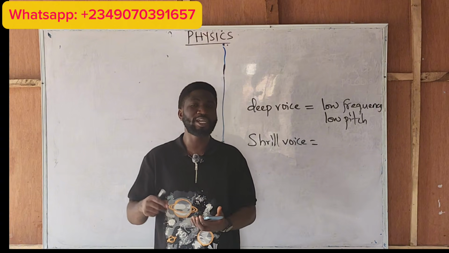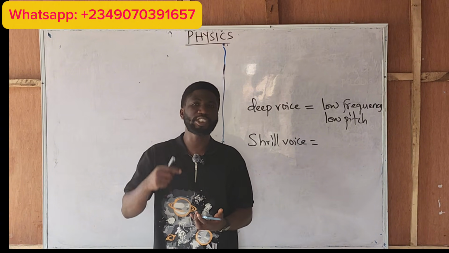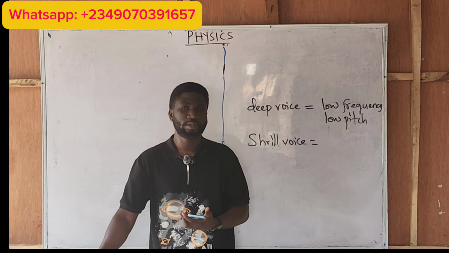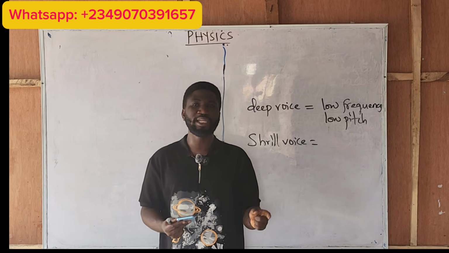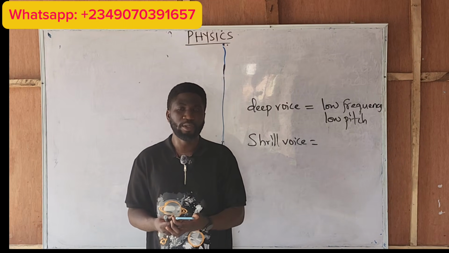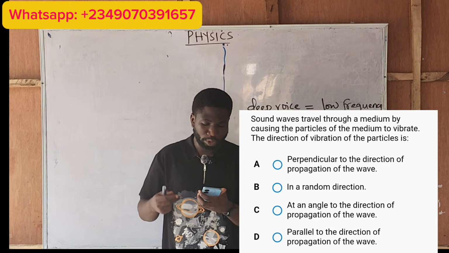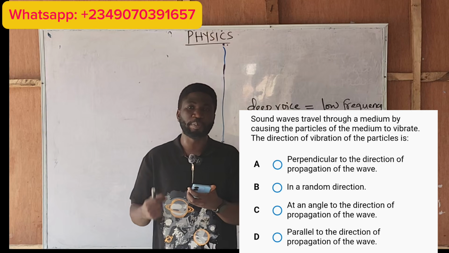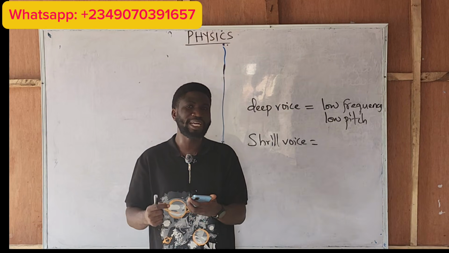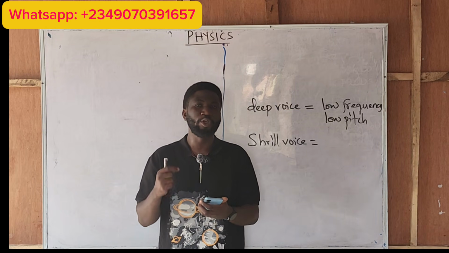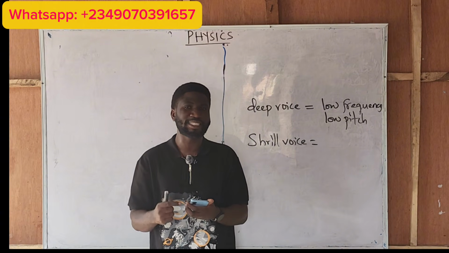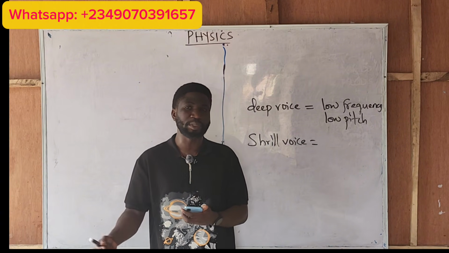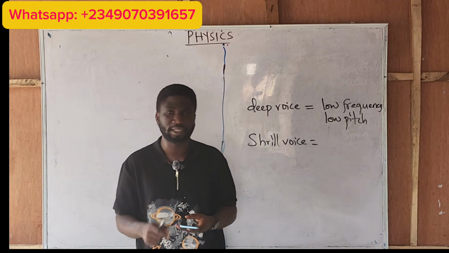For a transverse wave, the direction of vibration is perpendicular to the direction of the wave, whereas for the longitudinal, it is known to be parallel. So from what we have here, option D is the correct answer. It is parallel to the direction of the propagation of the wave. That is the characteristic of a longitudinal wave. So you need to know that sound wave is a longitudinal wave. Also, it is a mechanical wave because it requires a material medium.